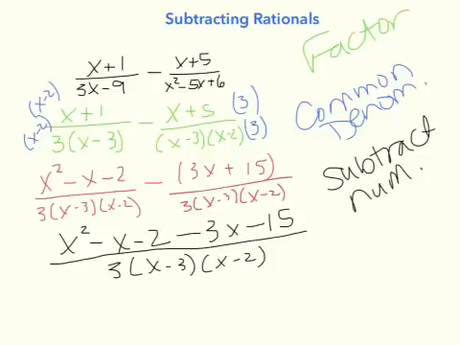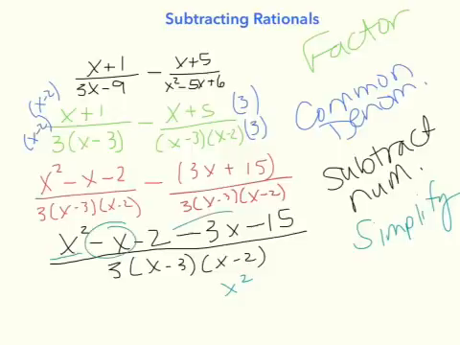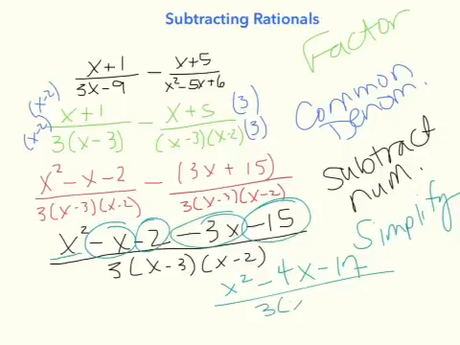And then we're just going to simplify from here. So I've got an x squared, minus x and minus 3x would be minus 4x, minus 2 and minus 15 is minus 17. And then over our common denominator again.